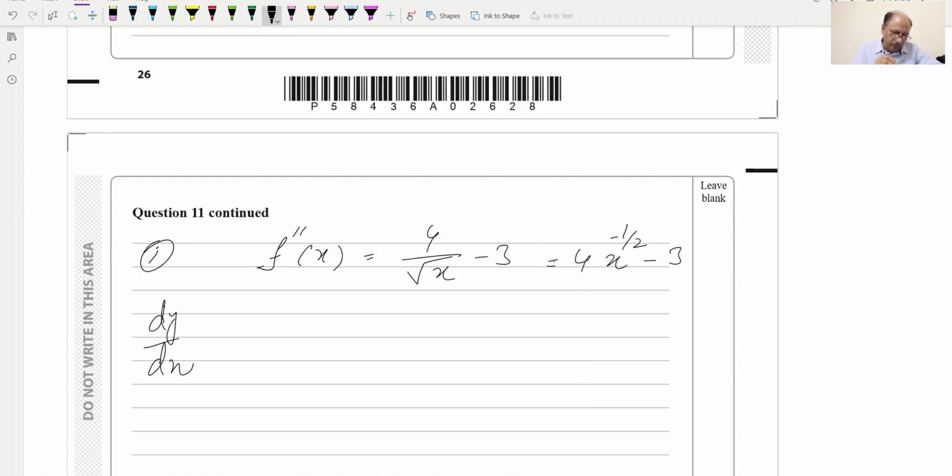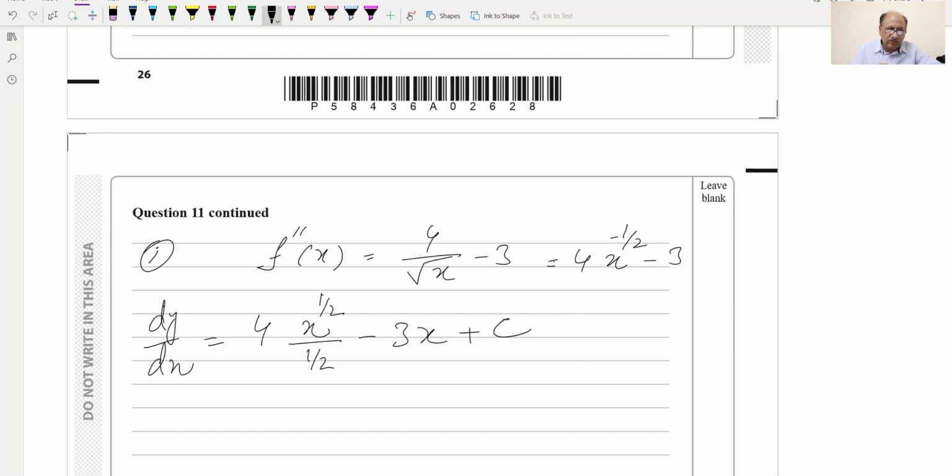Integral will be dy by dx, and this will be equal to the integral, which is basically 4 into x raised to the power minus 1 by 2 plus 1, so it will be 1 by 2 over 1 by 2 also, and minus 3x. Integral of minus 3 will be minus 3x, and plus integral constant c.